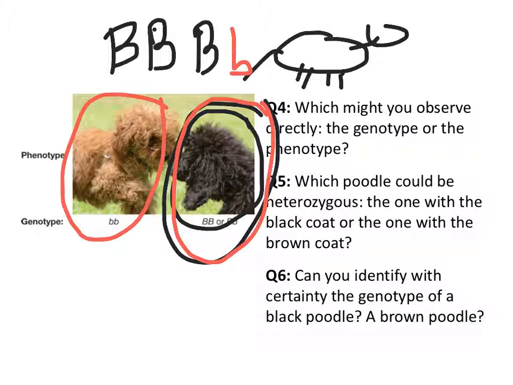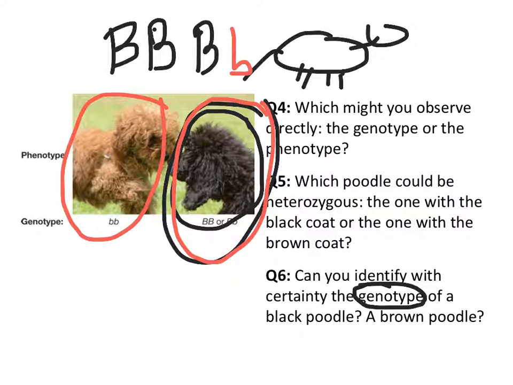Can you identify with certainty the genotype of a black poodle? The genotype is the alleles, either large B or small b. Can you, absolutely with certainty, identify whether this is homozygous dominant or heterozygous, large B, small b? No, you can't with a black poodle.